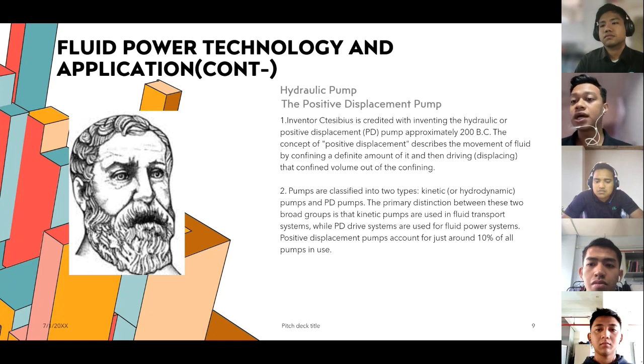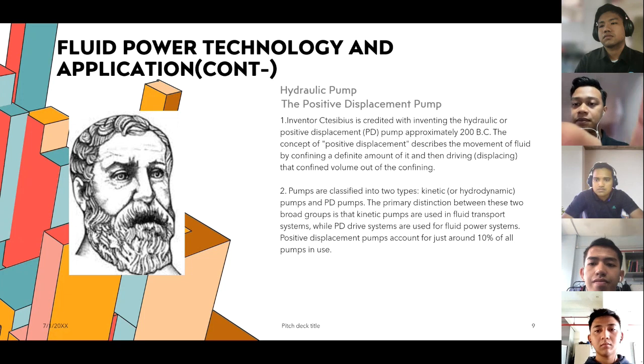Pumps are classified into two types, which are the kinetic pump and the positive displacement pump. The primary distinction between these two broad groups is that kinetic pumps are used in fluid transport systems, while positive displacement pump drive systems are used for fluid power systems.